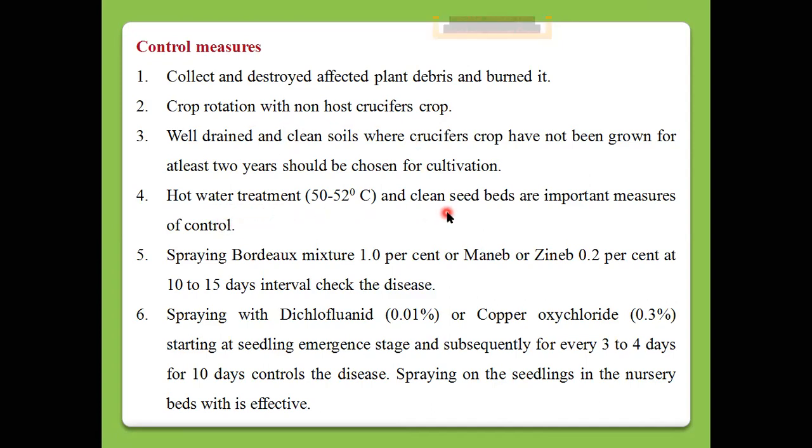Before the actual sowing of the mustard seeds in the main field, the seeds are treated by applying hot water. Take the seeds and dip them in hot water at a temperature of 50 to 52 degrees Celsius for only 1 or 2 minutes.